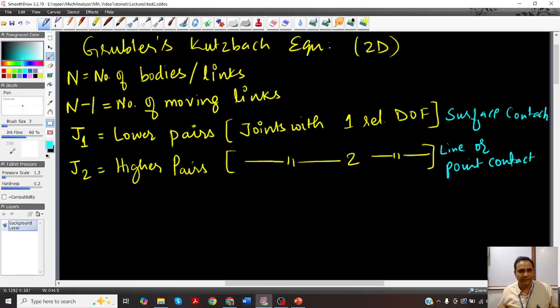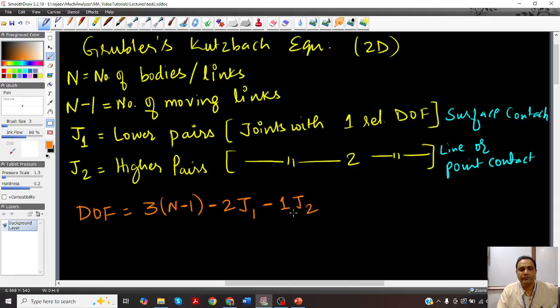Okay, now let's look into the equation. What we defined was that degree of freedom, which is a number, is always given by 3 into n minus 1, minus 2 into j1, the number of joints with one relative degree of freedom or lower pairs, minus 1 into j2.